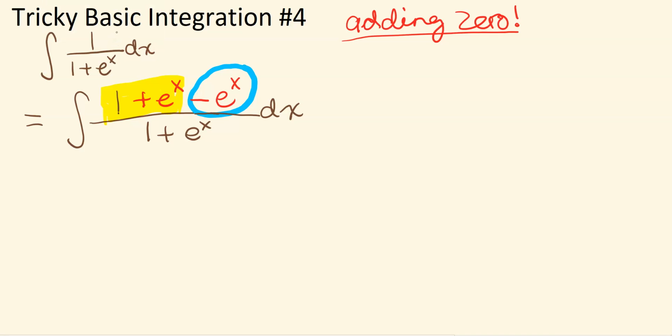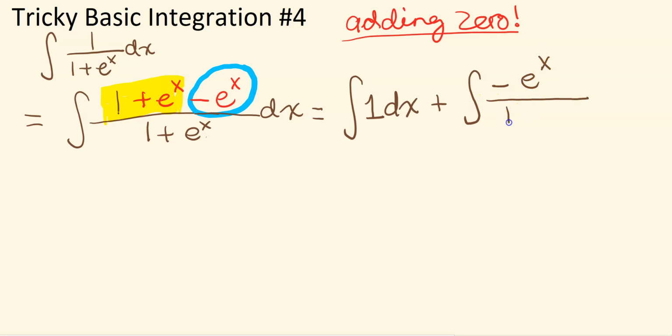And when I split the fractions, that will become the integral of 1 plus e to the x divided by 1 plus e to the x, that is just 1 dx, plus the integral of the second one, which would be negative e to the x over 1 plus e to the x dx. Now instead of writing negative, I can just change this plus to a minus, and that will work just nice.